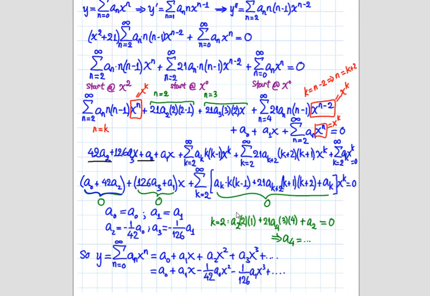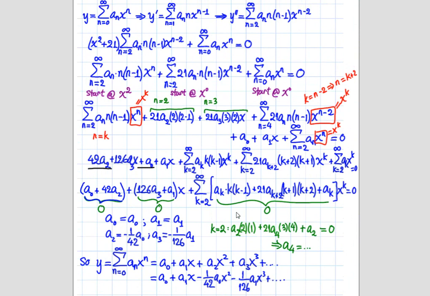So we just write a power series and then combine the series. When we combine, there are 3 things we need to do. First one, we have to check to see where the series start. If they don't start at the same place, we have to split. This is where we split out a few terms outside of the series, so that all of them will start at the same power.